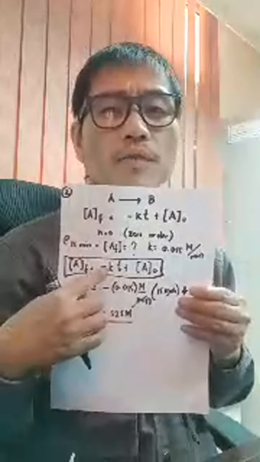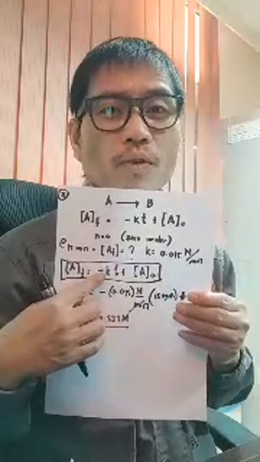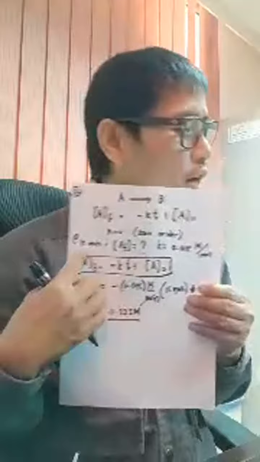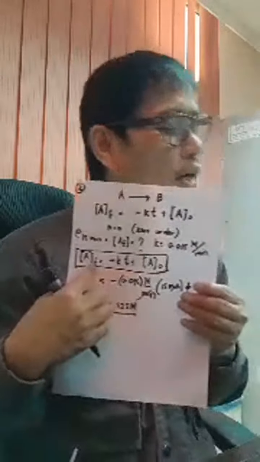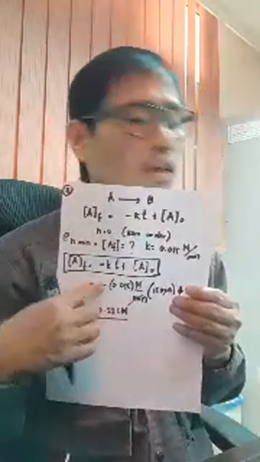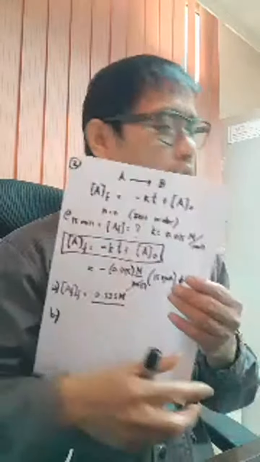So our final concentration will be 0.06 molar, which is our AF already. The time given is our unknown, so time will be computed.